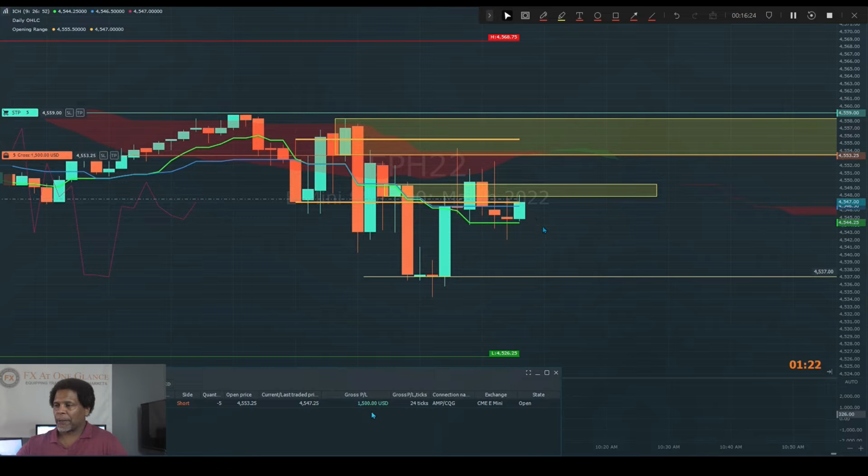And then we're still holding this level. We've got to break these highs in order for this market to start breaking this structure. There's a lot of orders in this area. So let's see.